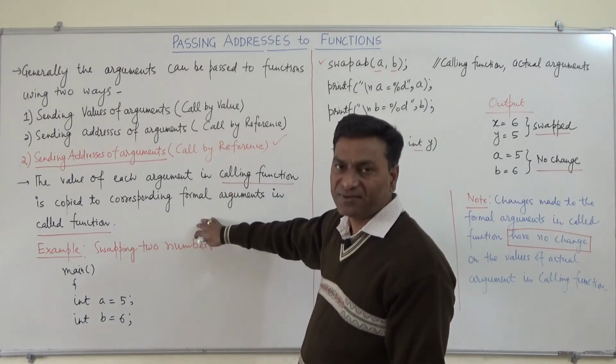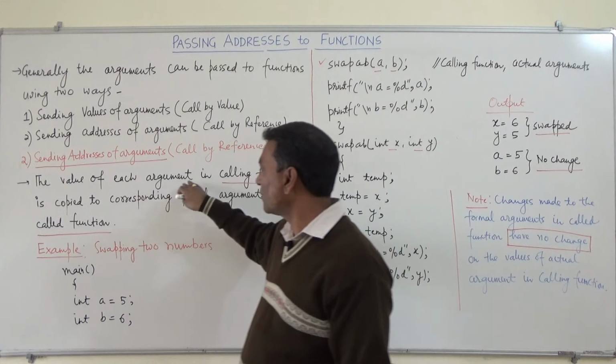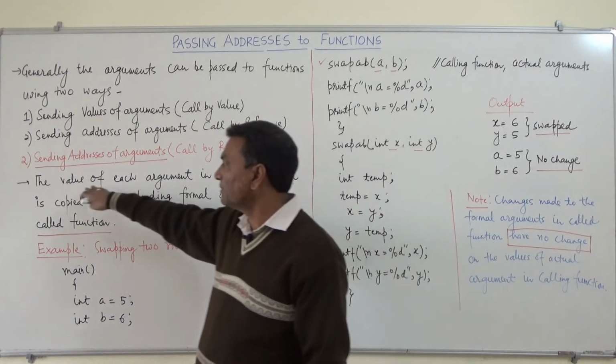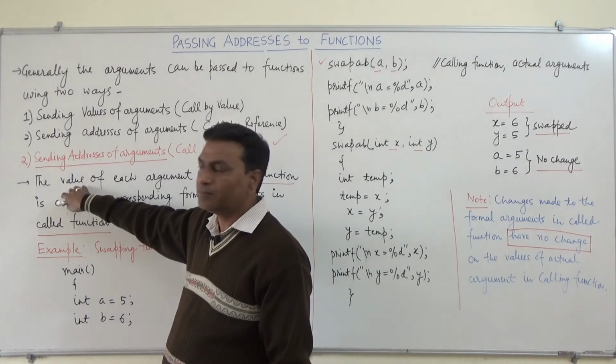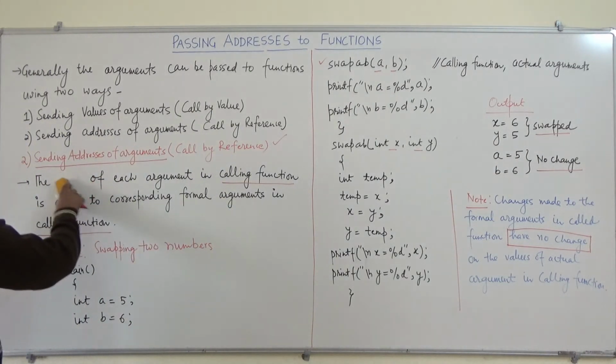So in this method, what we do, the address of each argument, earlier we were taking the value, but now we will write here, this will be the address.